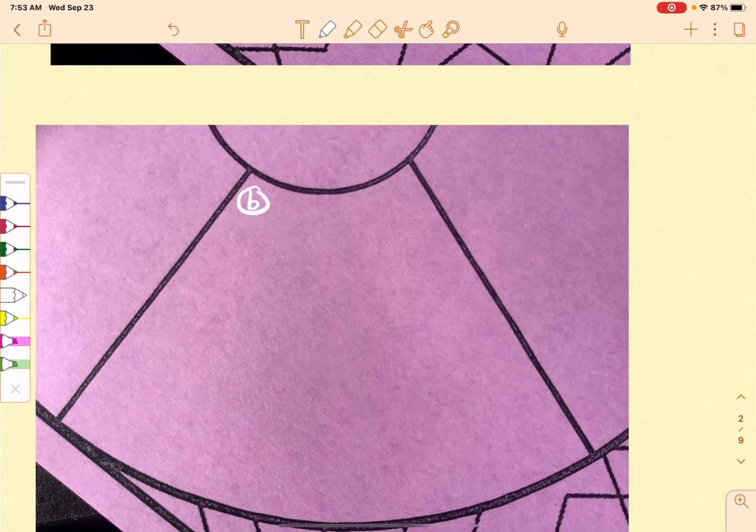So I have B. It's absolute value of negative 5k plus 3 equals 33. I need to get this by itself, so I'm going to get rid of the plus 3.